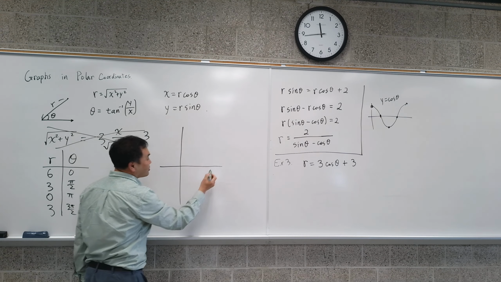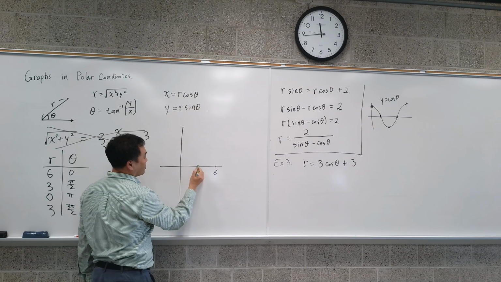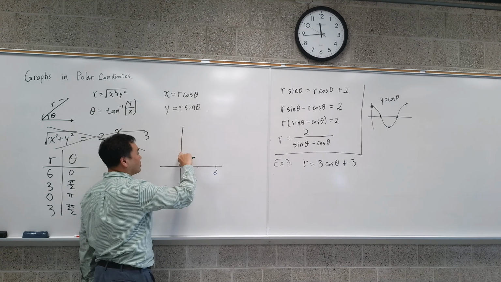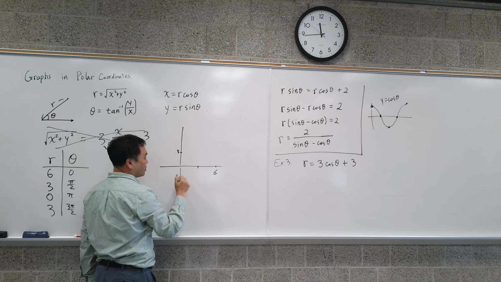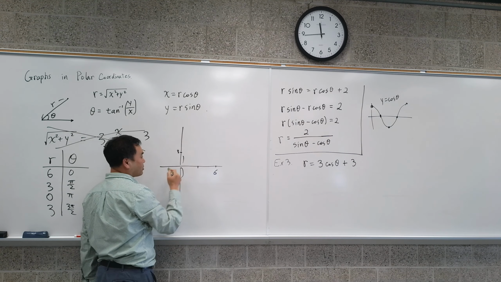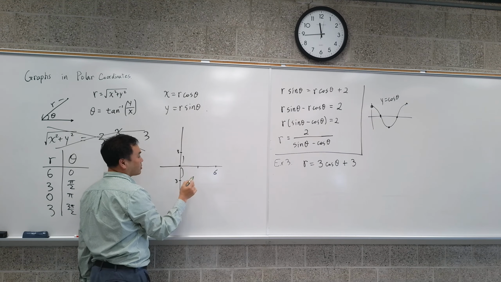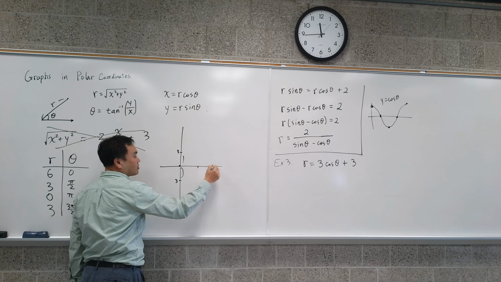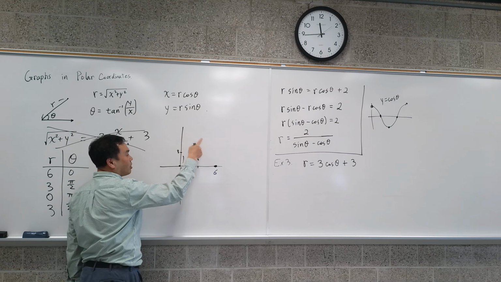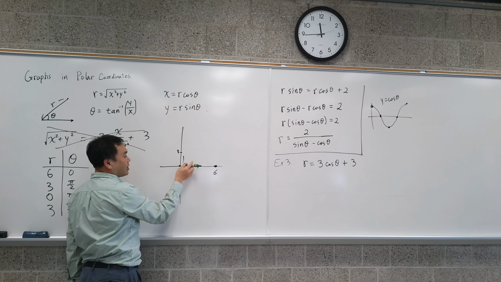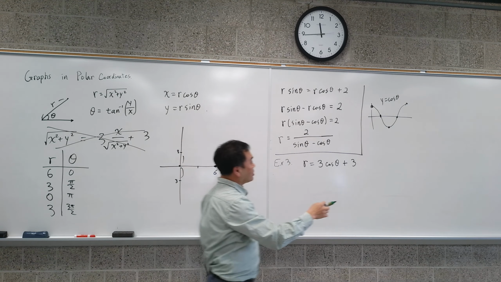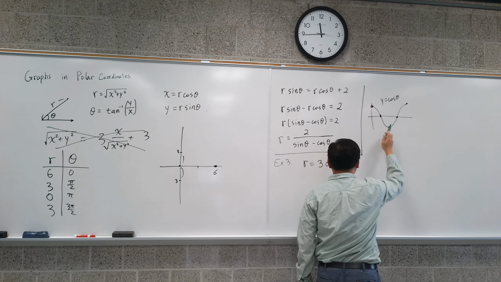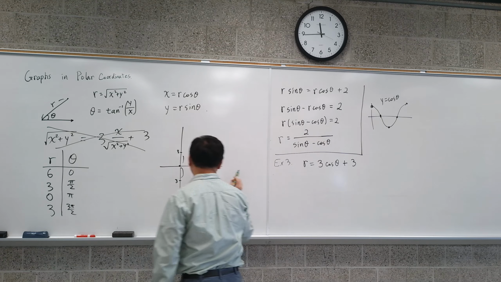So let's just say this is 6. So this must be 3. This length is 3, okay? And when you're at angle 0, which is this ray, you are at 6. And then it goes up. As the angles go up, you can see that the value of cosine goes down, so this value shrinks.